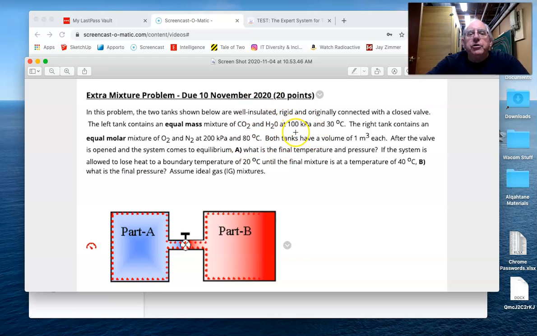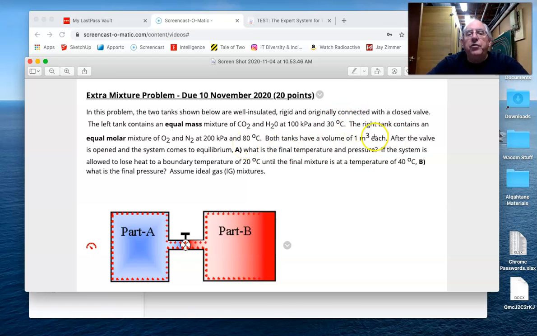And that mixture is at 100 kPa and 30 degrees Celsius. The right tank contains an equal molar mixture of oxygen and nitrogen at 200 kPa and 80 degrees Celsius.